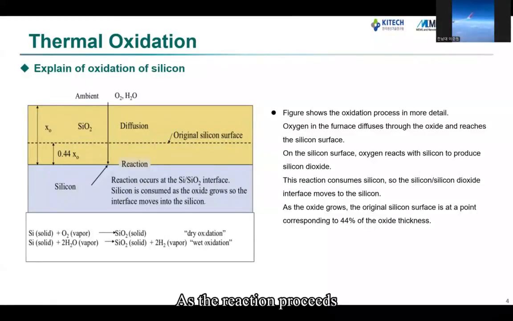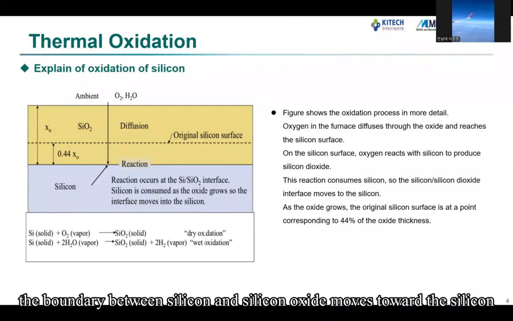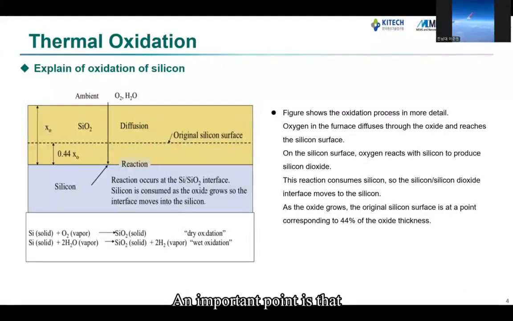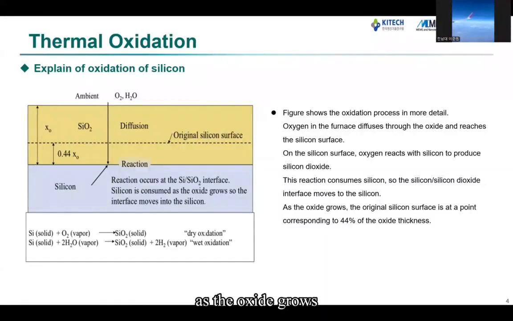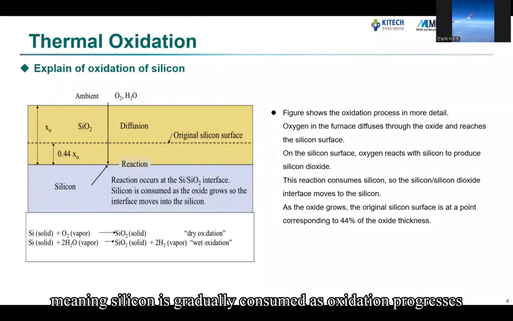As the reaction proceeds, the boundary between silicon and silicon oxide moves toward the silicon. An important point is that the silicon oxide boundary is located at about 44% of the oxide thickness as the oxide grows, meaning silicon is gradually consumed as oxidation progresses.